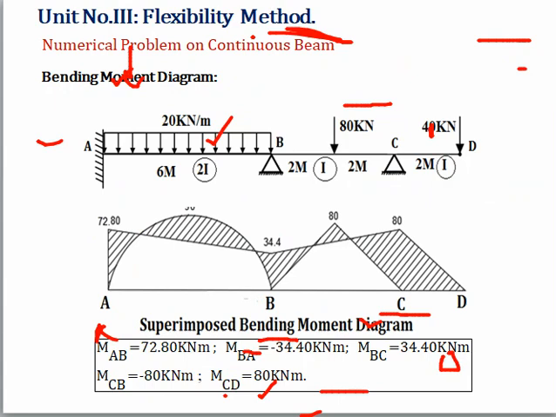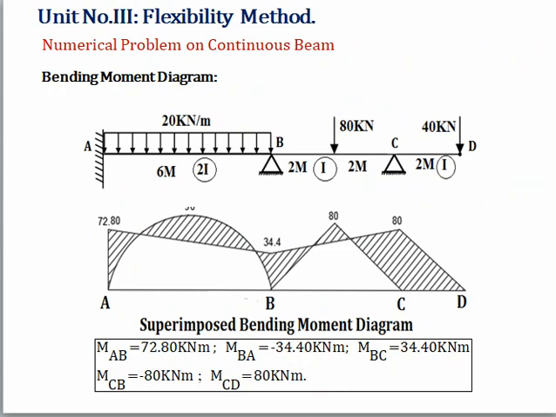Then move toward the bending moment diagram. Now first show the end moments. Now we know the end moments. MAB is 72.80 kilonewton meter, MBA is minus 34.40 kilonewton meter, and MCD is 80 kilonewton meter.